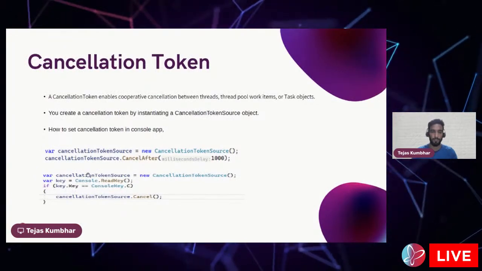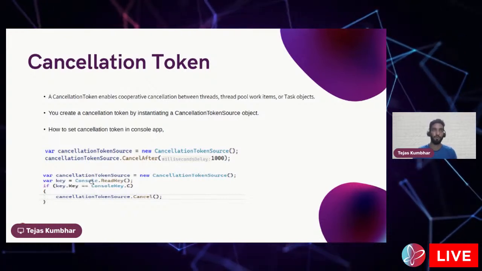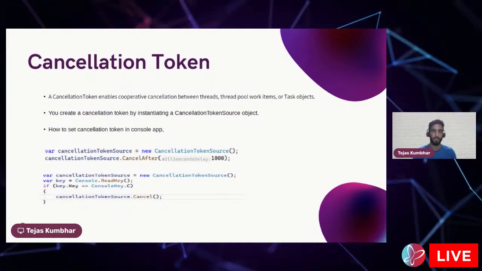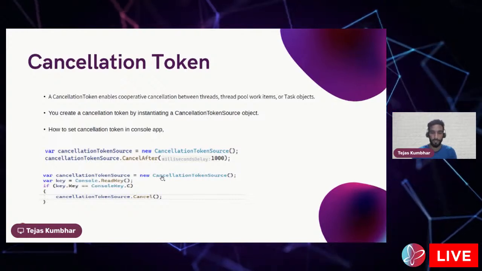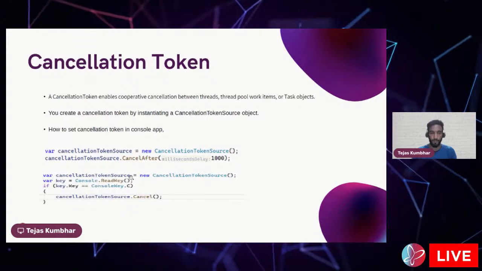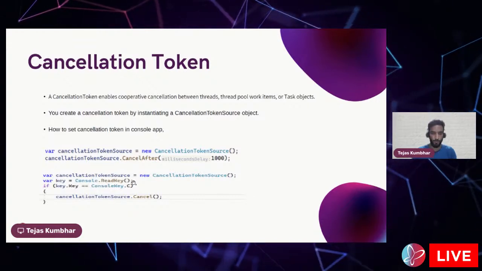And another way is if you want to request some input from a user, like if he presses some key, then I need to cancel that request. In this example, again, we are making use of a CancellationTokenSource, and we are reading some key from the user.